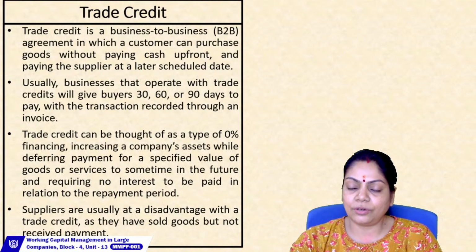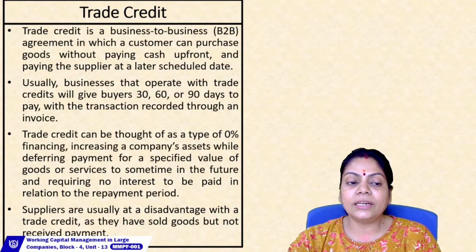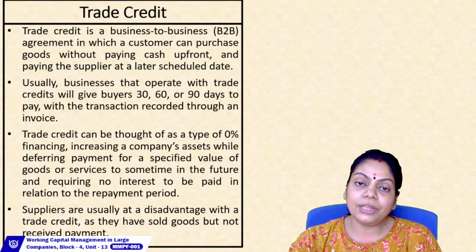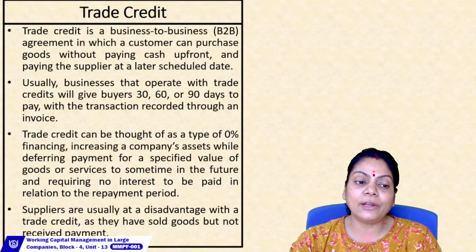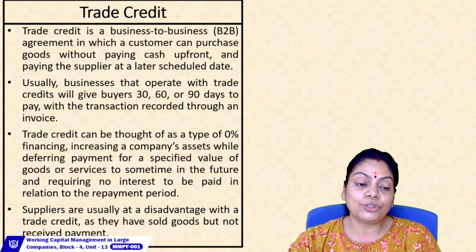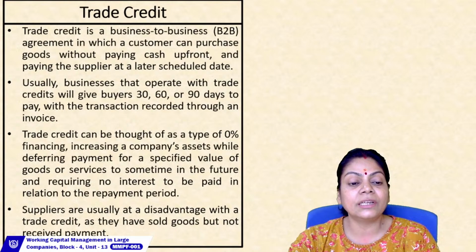This is a norm in the industry, that it's zero cost financing. So it increases your company's assets while deferring the payment for a specified value of the goods or service to the future, and it does not require you to pay any interest for this deferral period.